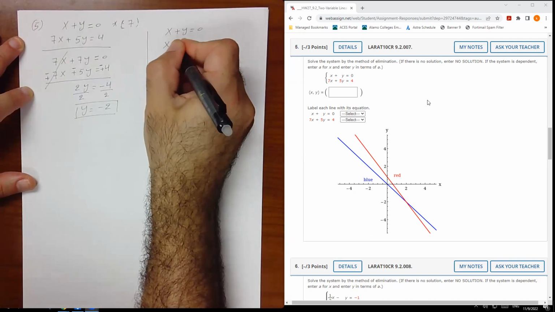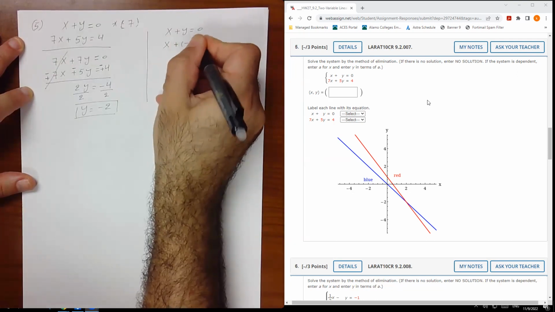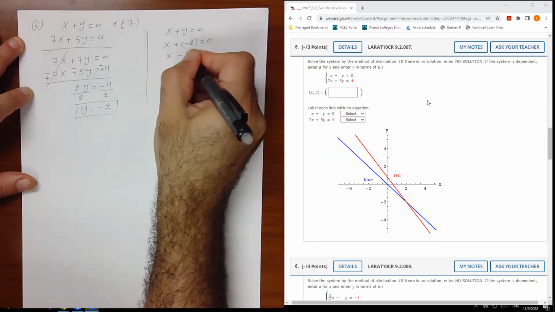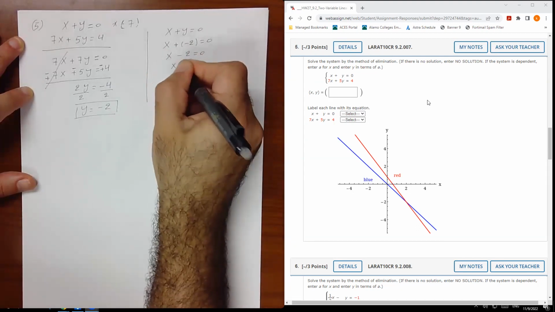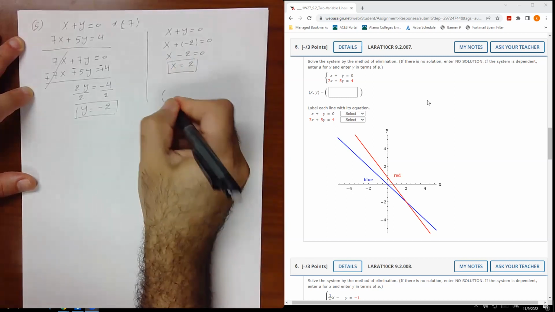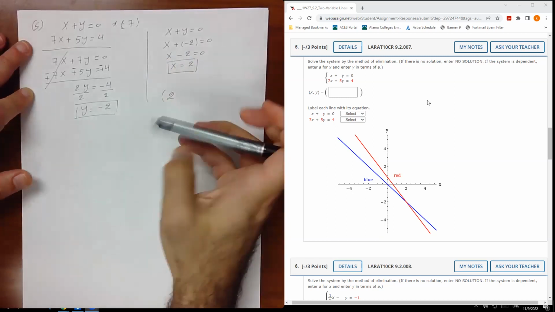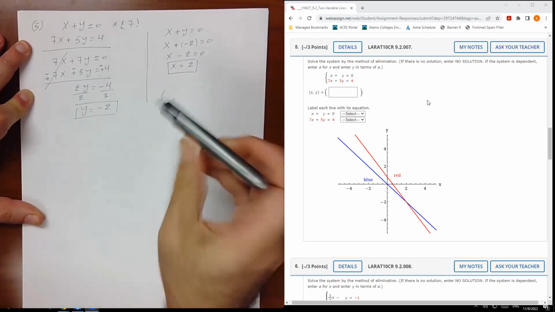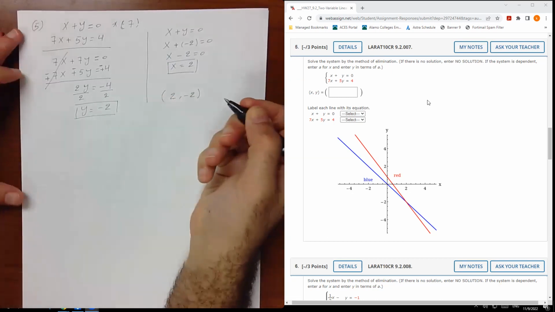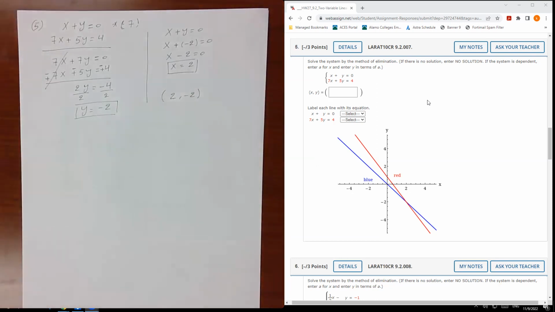Now x plus -2 equals 0. That means x minus 2 equals 0, so x is going to be equal to 2. So our solution is x is 2 and y is -2.